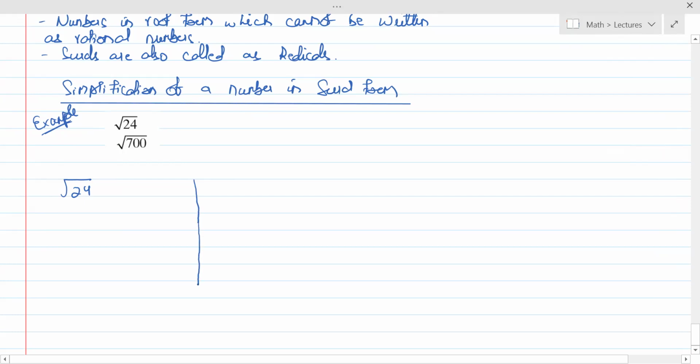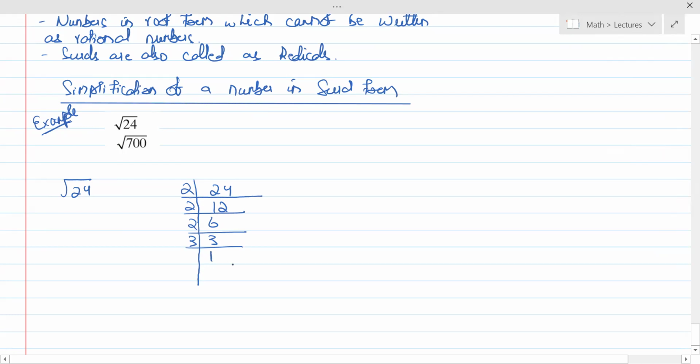We'll keep on dividing 24 by prime numbers. We start with the smallest prime number, which is 2. So 2 12s are 24, 2 6s are 12, 2 3s are 6, and 3 cannot be divided by 2, so we look for the next bigger prime number, which is 3. So 3 ones are 3.